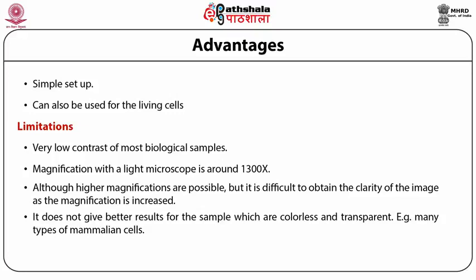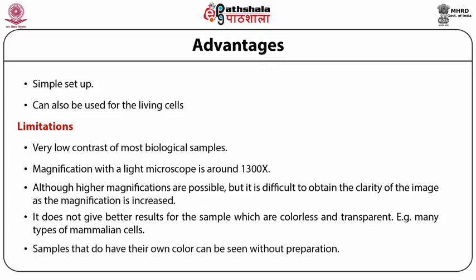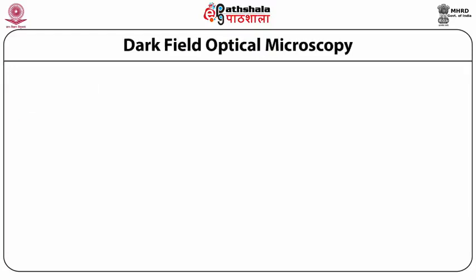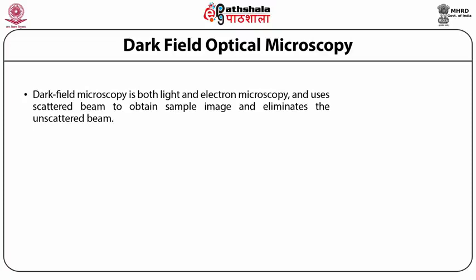Third limitation is it does not give better results for the sample which are colorless and transparent. For example, many types of mammalian cells, samples that do not have their own color can be seen without preparation. Now students, let us see the dark field microscopy. Dark field microscopy is both light and electron microscopy and uses scattered beam to obtain sample image and eliminates the unscattered beam.